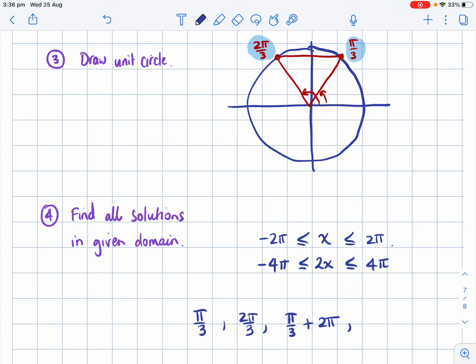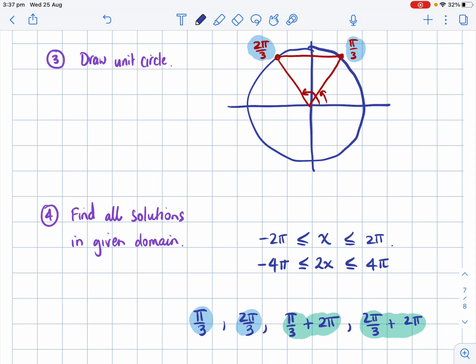And then I'm going to take my solution of 2 pi on 3 and add one full revolution of the unit circle to it. So now these solutions come from the first lap of the unit circle, and these solutions are when I have gone round the unit circle more than once.